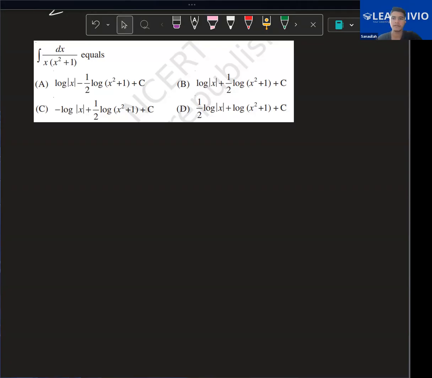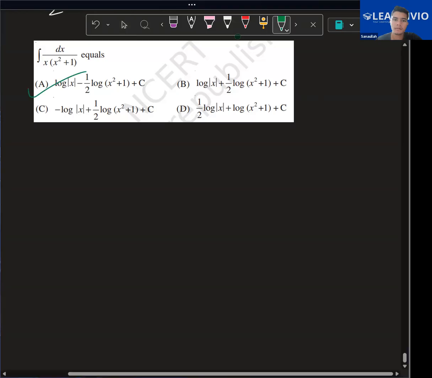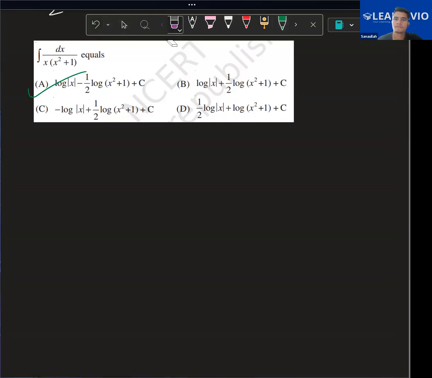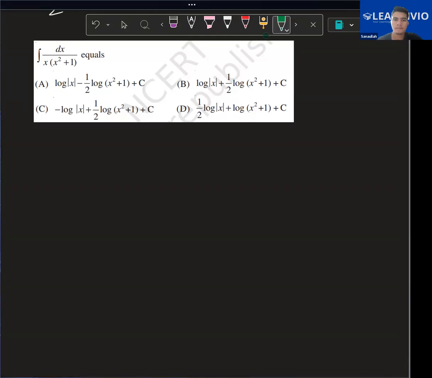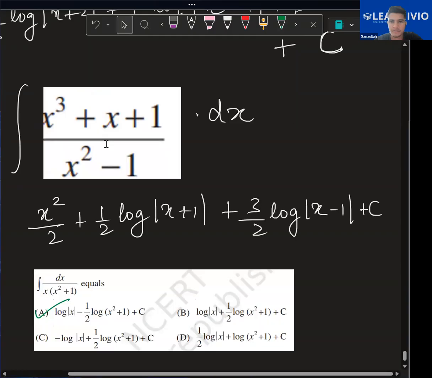Okay, all right, all of you get this answer? आपका आगे सर. Okay so this integration by partial fraction is done है ना.